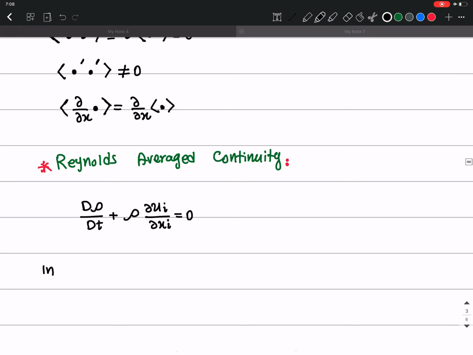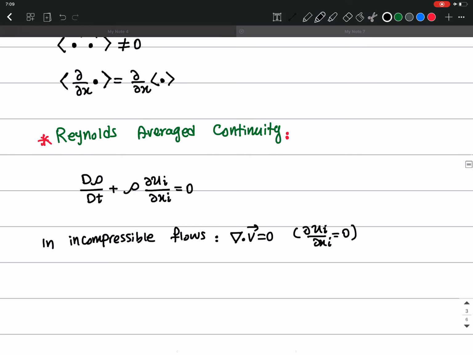And in incompressible flows, we knew that the divergence of velocity is going to be 0, or partial ui over partial xi is 0. Okay, so this is the continuity in incompressible flows, or partial ui over partial xi equals 0.